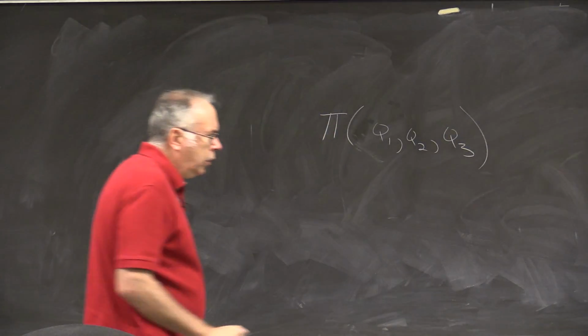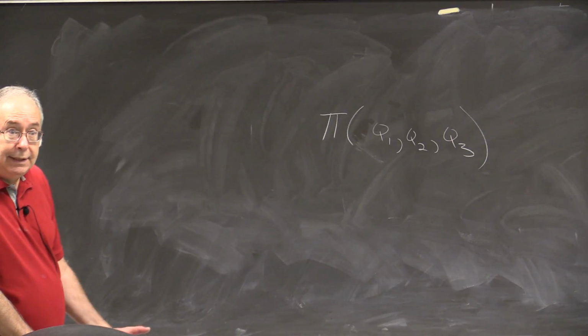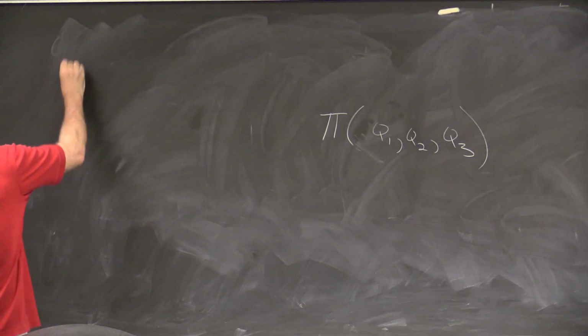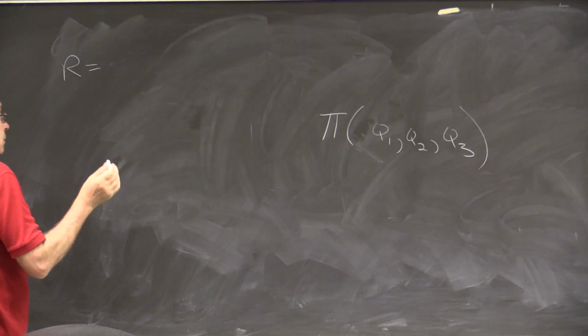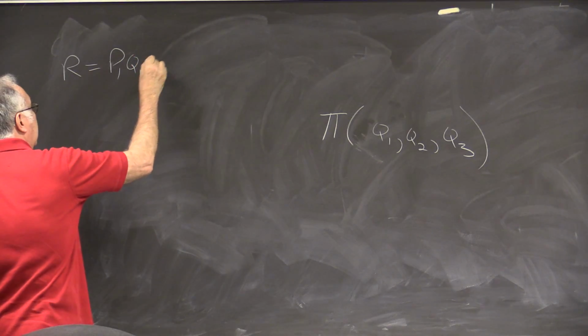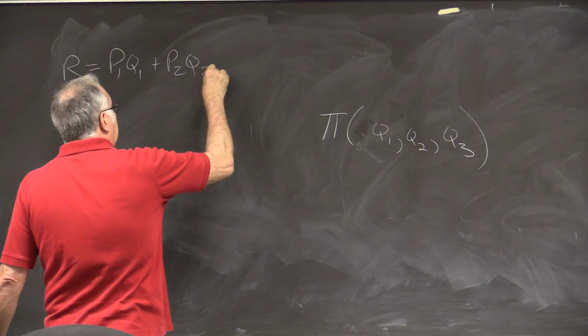Of course, that requires that we eliminate P1, P2, and P3, but that's easily done. What is our revenue function? P1 Q1 plus P2 Q2 plus P3 Q3.